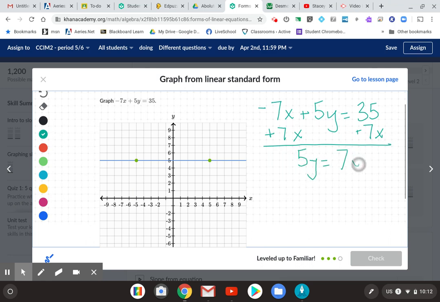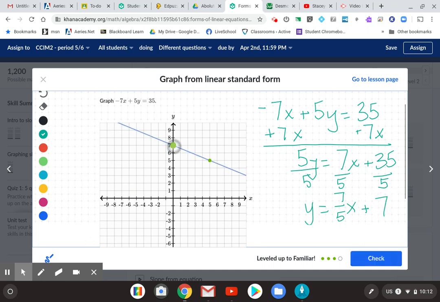Y equals 7x plus 35, because that 35 is positive. Now get y by itself. So we're going to go y equals 7/5, because that can't reduce. 35 divided by 5 is 7.